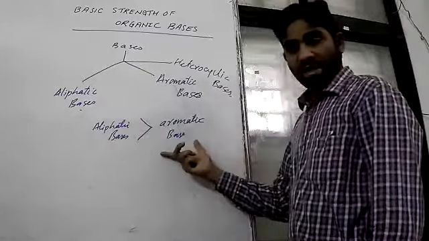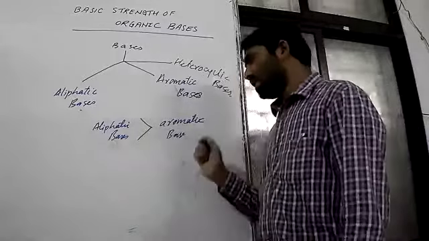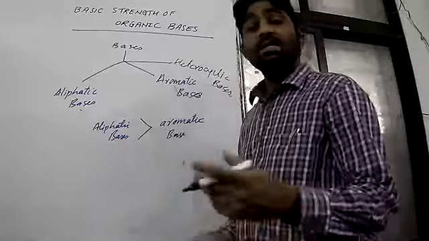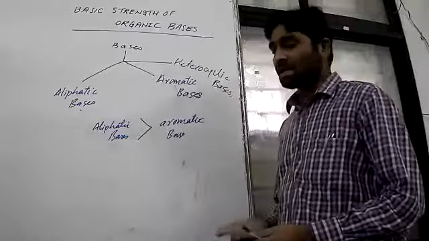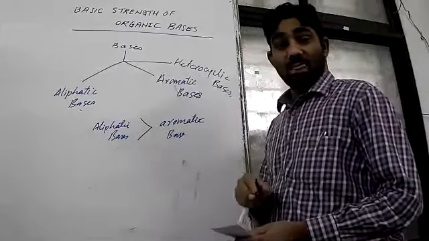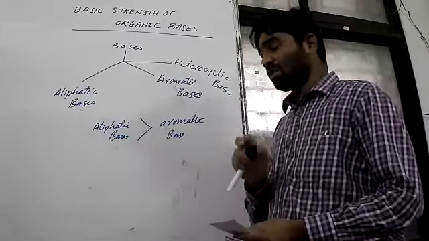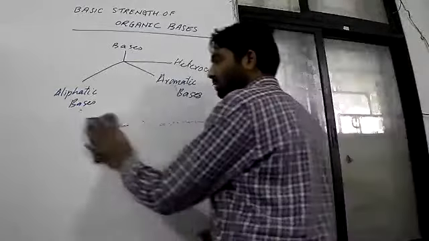You should know this idea: aliphatic bases are more strong than aromatic bases. There are reasons why this sequence exists, that aliphatic bases are more basic than aromatic. We'll go through it.